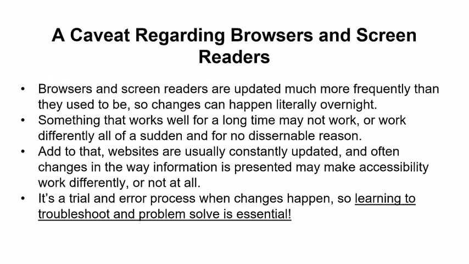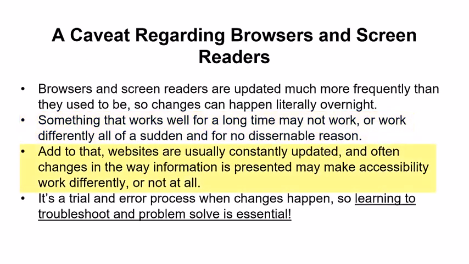Screen readers update roughly quarterly, at least that's the case with NVDA. JAWS can update about that often, give or take. It depends. A method or a process that works well for a long time may not work or work differently all of a sudden and for no real reason that you can pick up on.